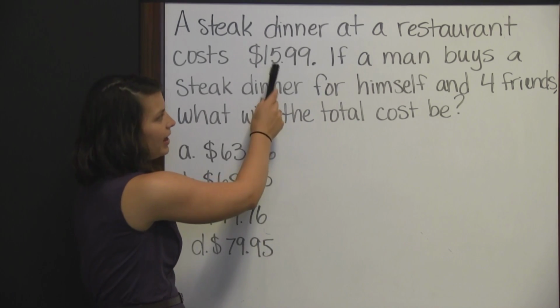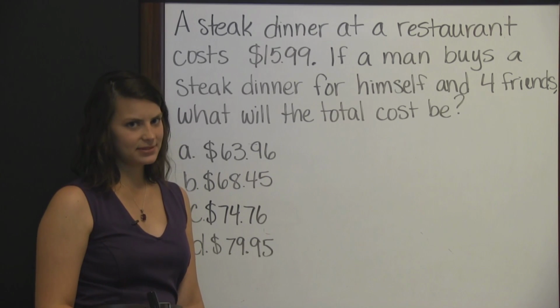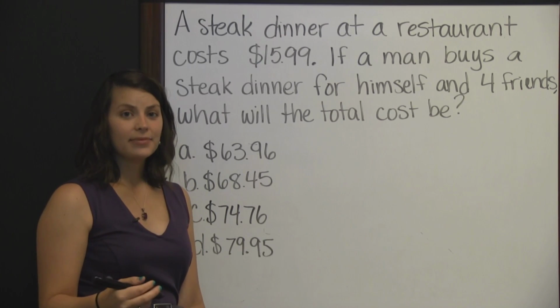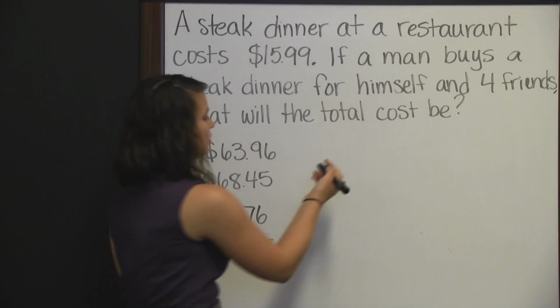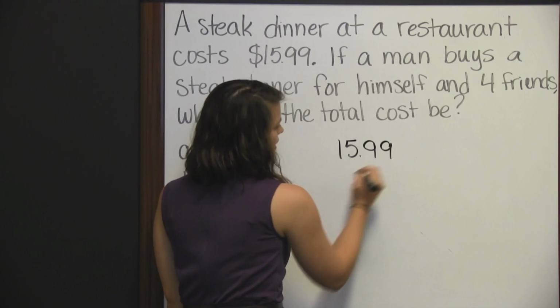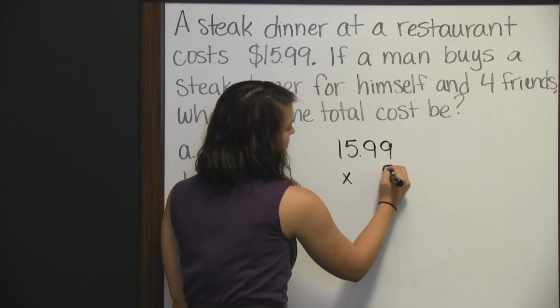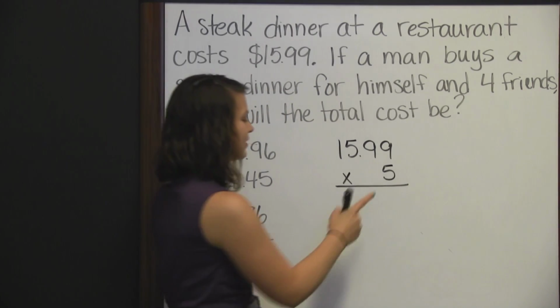So he's going to pay for this steak dinner 5 times. Times means multiplication. So to find our total cost, we're going to take how much one steak dinner costs and multiply it times the number of steak dinners being purchased, which is 5.